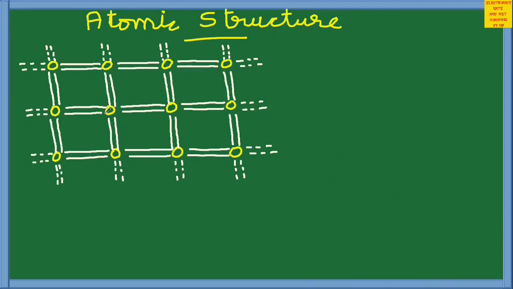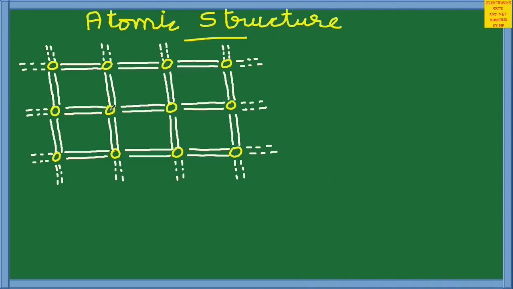When we consider this atom, it will share its first valence electron with this atom, the second valence electron with this atom, the third valence electron with this atom, and the fourth valence electron with this atom. And similarly, each atom will share its 4 electrons with 4 adjacent atoms.